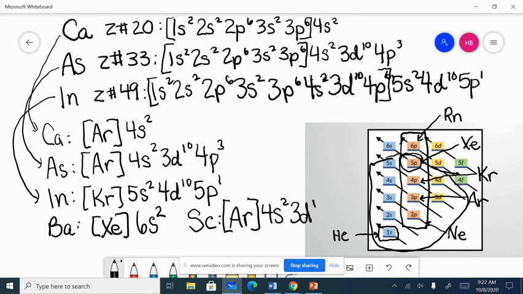Scandium has 21, argon has 18, so I have 3 more electrons to represent, and it's 4s2 and 3d1. My valence electrons for scandium are the 4s2, and then my outer shell electrons are both of them together, 4s2 and 3d1.